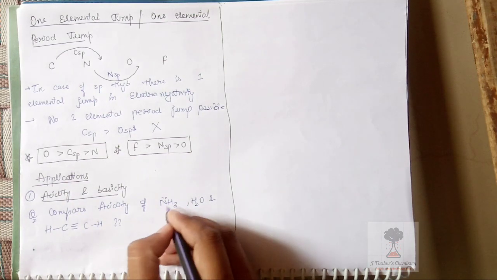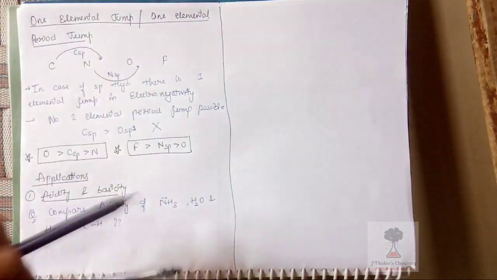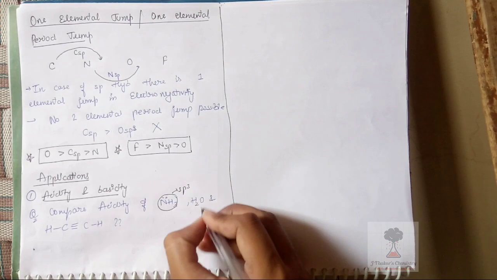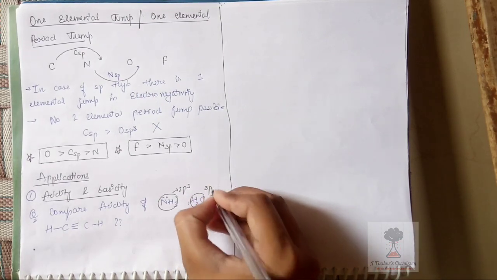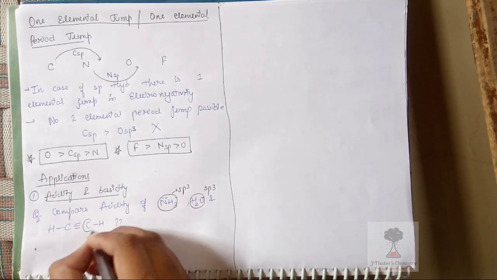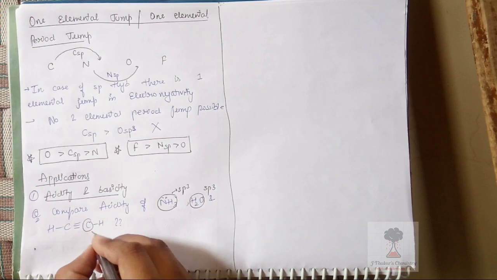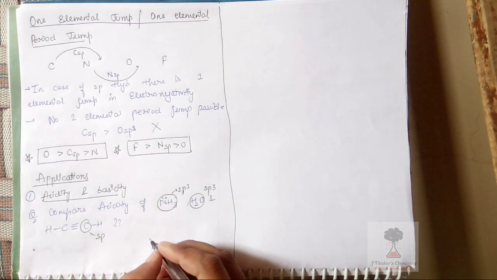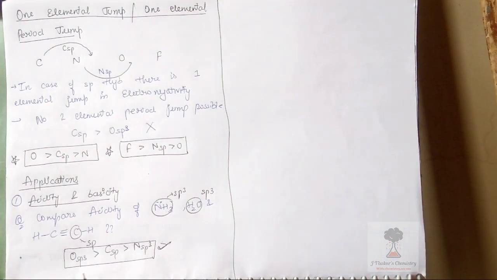The hybridization of nitrogen is sp3. Water also has sp3 hybridization of oxygen. Here carbon is sp hybrid. From the electronegativity series we know that the electronegativity of oxygen sp3 is greater than carbon sp, and this is greater than nitrogen sp3.